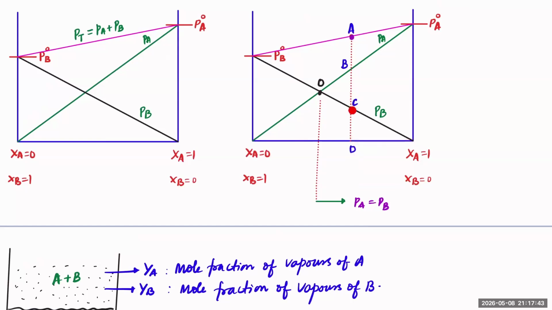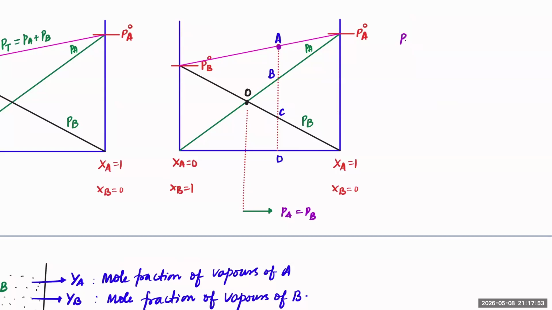And you know that this point C represents partial pressure of B and point B represents partial pressure of A. And you know that total pressure is always equal to partial pressure of A plus partial pressure of B. So total pressure here is AD, total distance, that should equal BD plus CD.